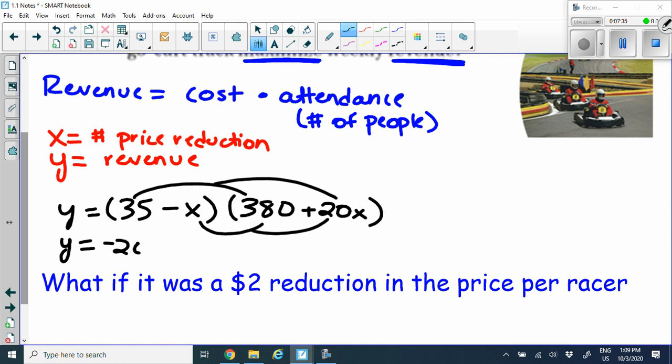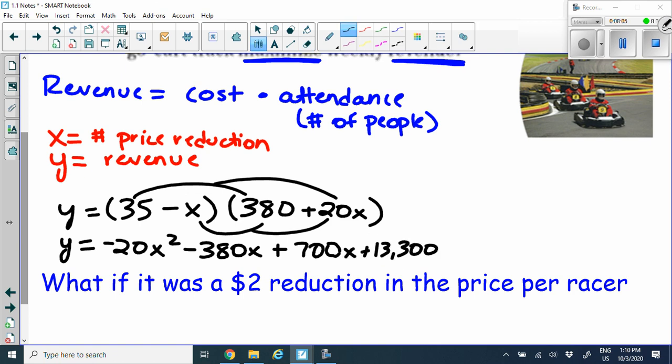So I have negative 20x squared, okay? Then I get a plus, then I get negative 380x. And then I get a plus, that would be 700x. And then our last one will be the numbers. So that'll be, of course, 13,300.